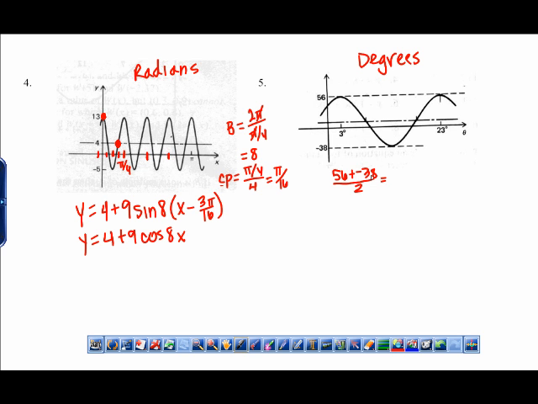So that would be 56 minus 38, which is 18. And 18 divided by 2 is 9. So that's a little 9 right there.